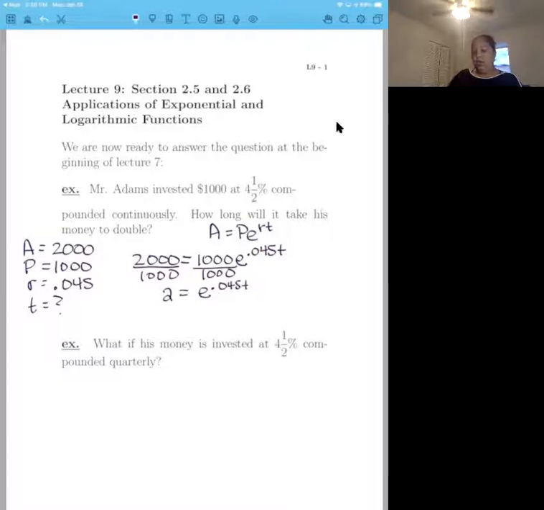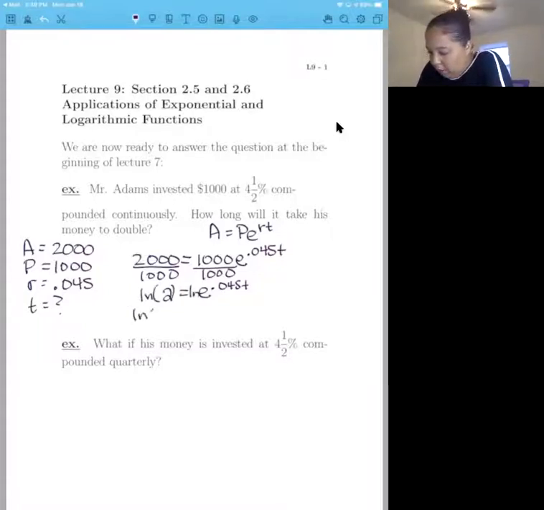Now, for me to find what t is, I need to bring t down in front, and the only way I can do that is by our laws of logarithms. And since my base is e, I'm going to use natural log. In general, I always use natural log, unless the base just happens to be 10. So I'm going to take the natural log of both sides.